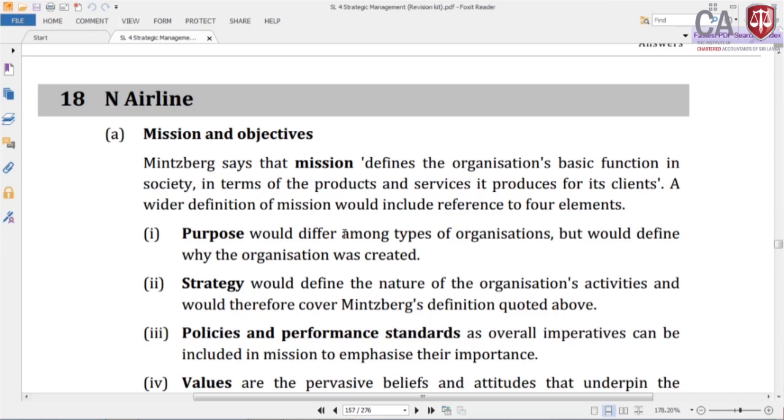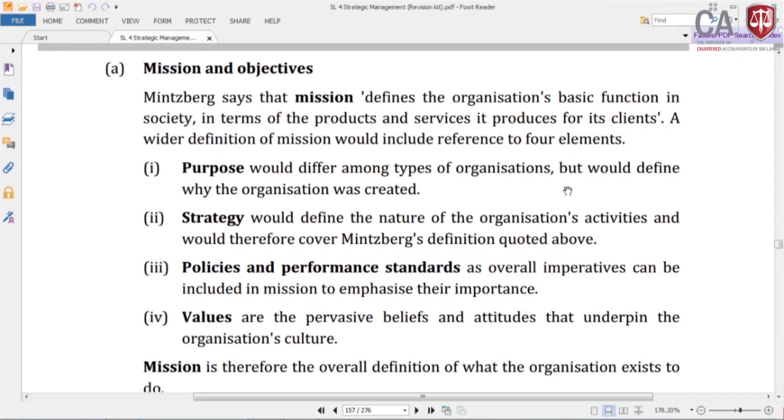A wider definition of mission would include reference to 4 elements. He identifies characteristics also. Purpose is one element. He says purpose would differ among types of organizations, but would define why the organization was created. Yes, purpose may differ from one organization to another.